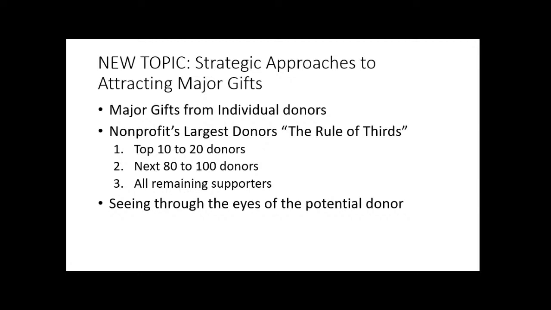And you may already have these donors in your database, but you need to develop the relationship with them and disciple them on a path to giving at maximum propensity.